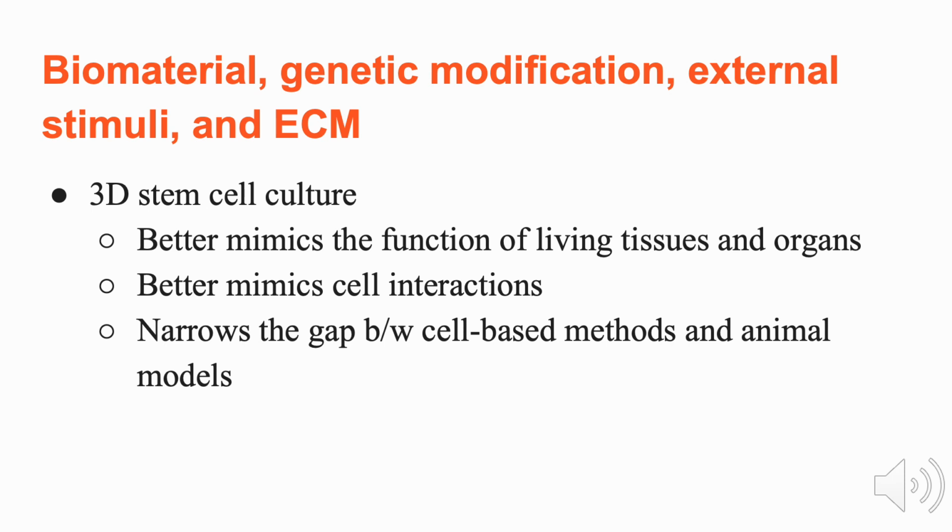Due to its 3D structure, again, 3D stem cell culture is better able to mimic the function of living tissues and organs. As a result, this means that 3D stem cell cultures are also better able to mimic cell interactions, whether it be with other cells or the ECM. In addition to this, 3D stem cell culture can better narrow the gap between cell-based methods and animal models than any of the more traditional methods can due to its 3D nature.